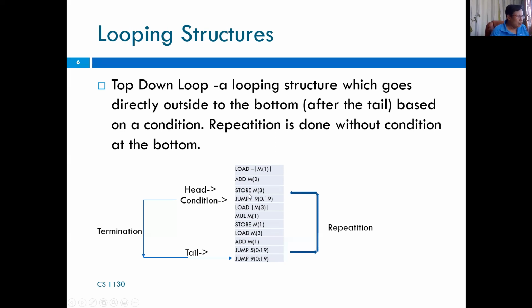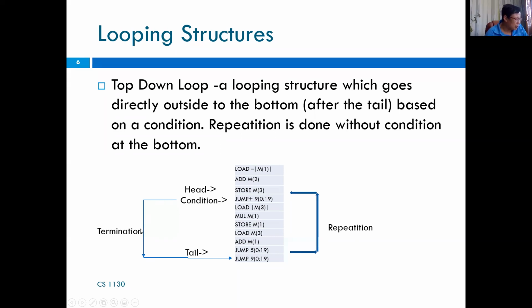In a top-down loop, the condition is in the head. Depending on if the condition is reached, it will terminate the loop and proceed to the portion after the tail. If the condition in the head is reached, it will terminate.